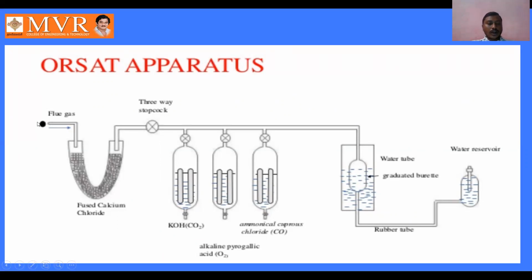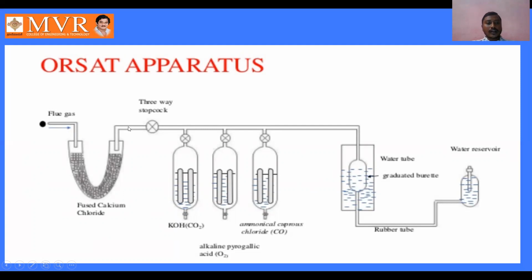See here, the flue gases released after complete combustion enter the U-tube shaped glass tube, and when the three-way stopcock is opened, the flue gases directly enter the graduated burette.